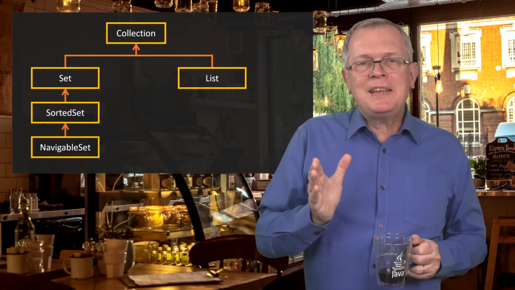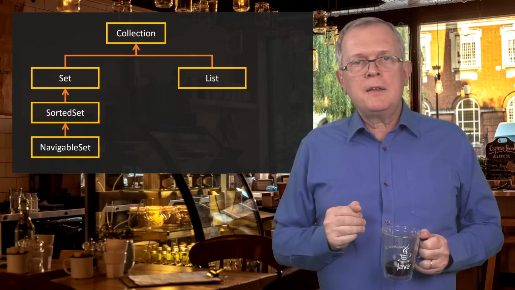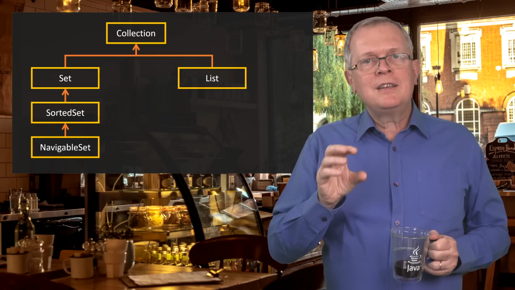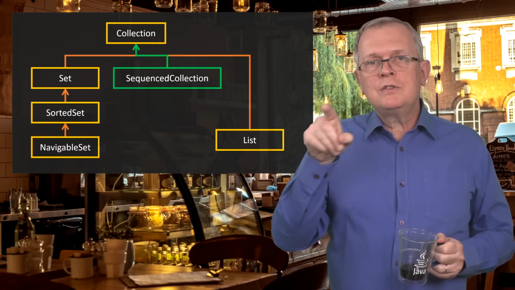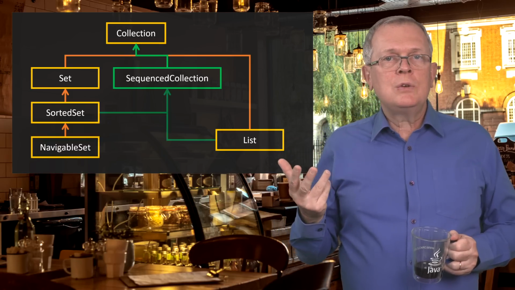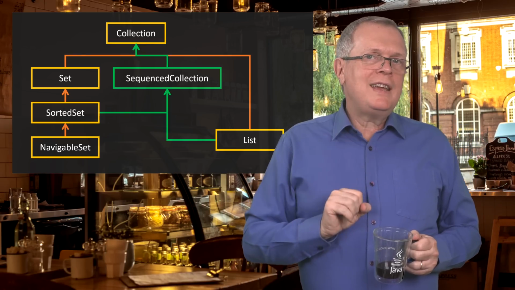So that's basically the first step of introducing sequenced collections in the collection API. SequencedCollection extends the Collection interface, and the two interfaces List and SortedSet extend the SequencedCollection interface. There is still a little detail to sort out. SequencedCollection has a reversed method that returns a SequencedCollection.